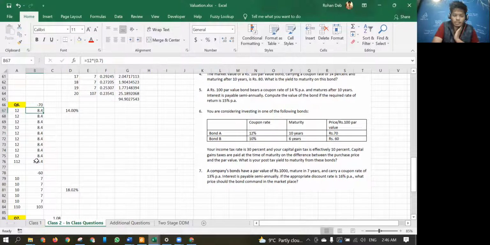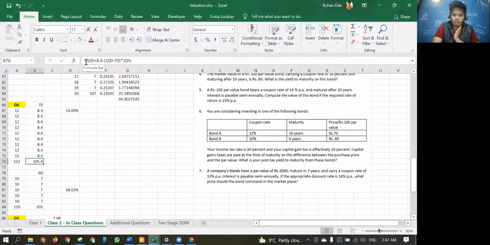And for the last year, you're already getting 8.4. You have to pay additional tax of 10% on your capital gain. So your capital gain is 100 minus 70, which is 30 into 10%, so 3 rupees. So I've done 100 and on the 112, you'll get 100 plus 8.4 minus 3.